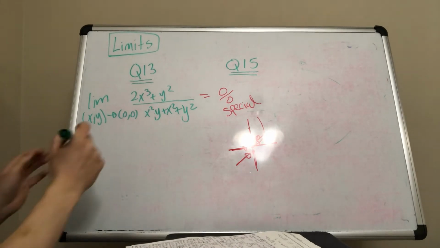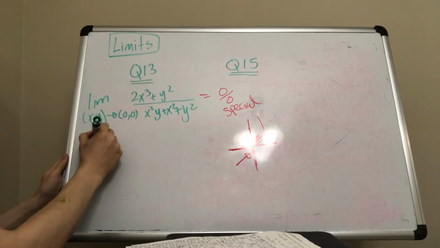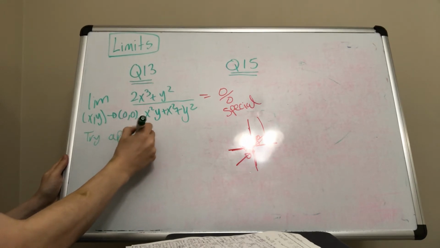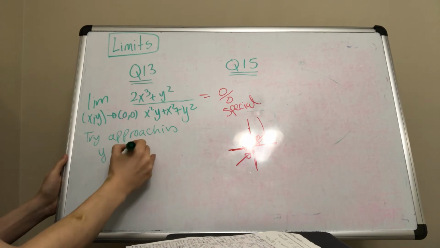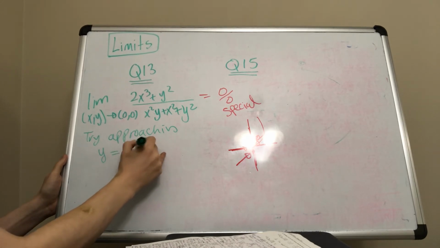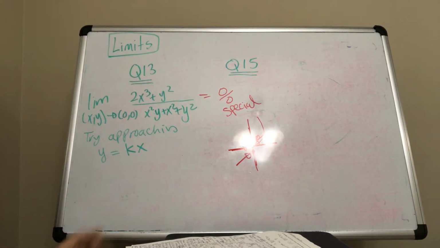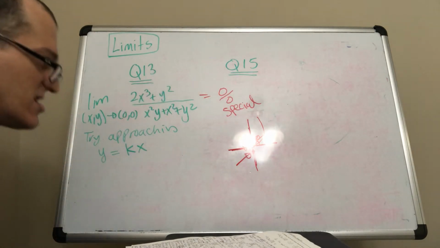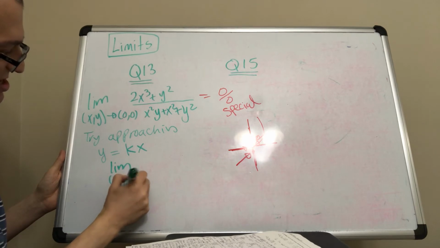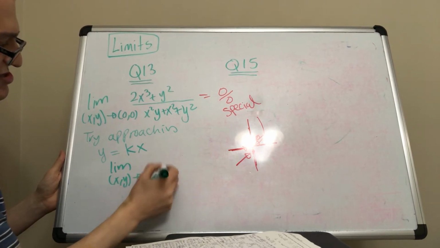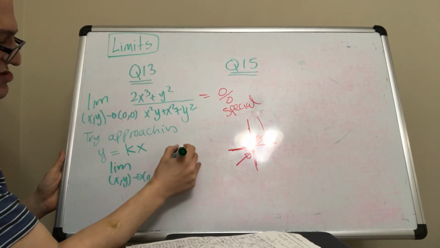We can try approaching from y equals kx squared, a straight line. So we could try and approach it from a straight line. So it would be limit xy goes to 0, 0. That's 2x cubed.